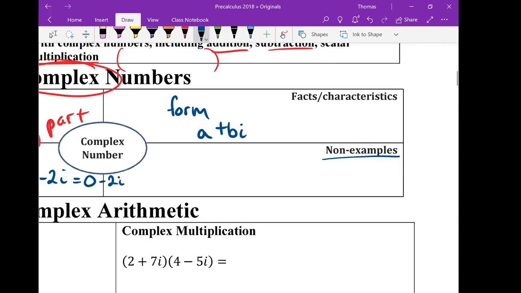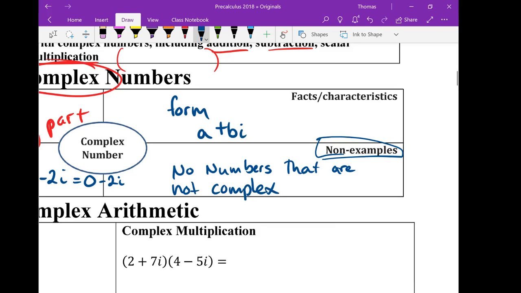So for non-examples, in this case, there actually are no numbers that are not complex. Or rather, there's no numbers that mathematicians have yet found that can't be written in the form a plus bi.